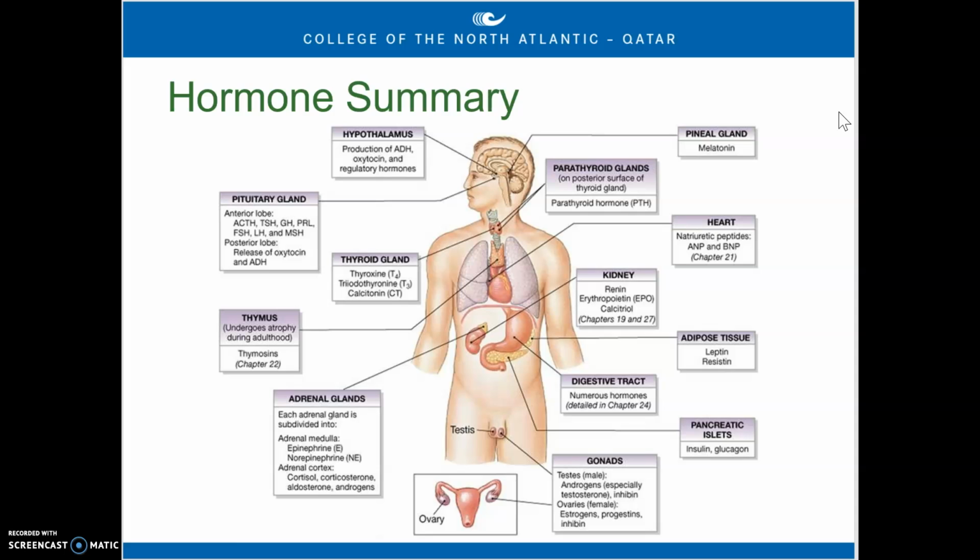What it does is it points out where on the body we can find these endocrine glands, and it also lists what hormones are produced there. So this is a pretty good summary slide, along with the hormone review table that we put in the unit. I think this is a pretty good review for most of the parts of this unit.